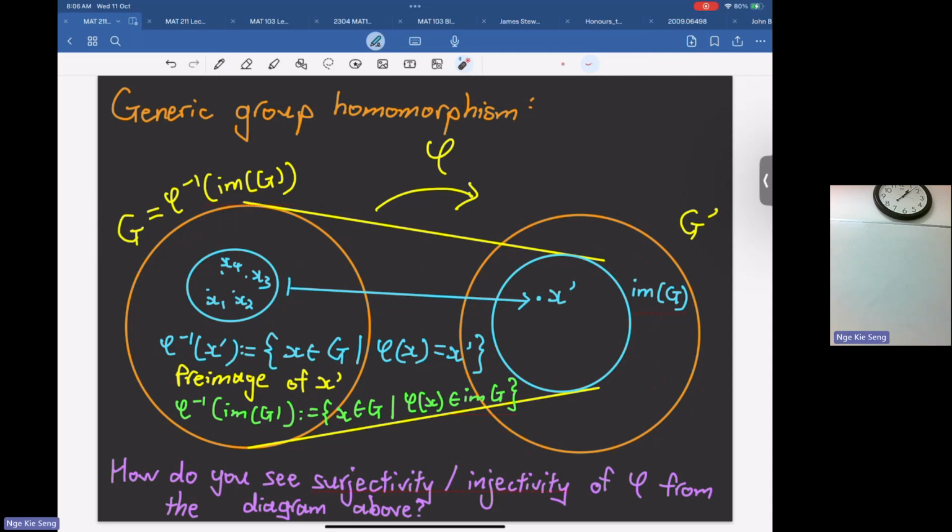And then there's an interesting set inside G, which we call the kernel. What does the kernel do?